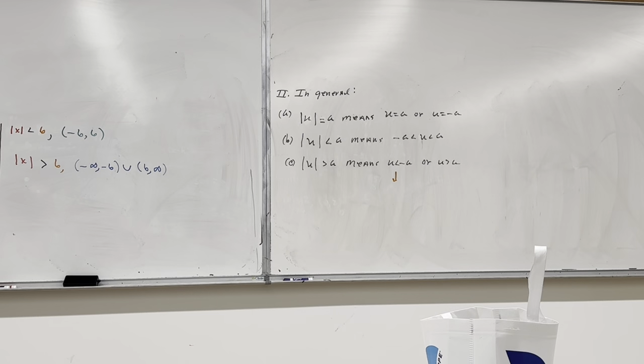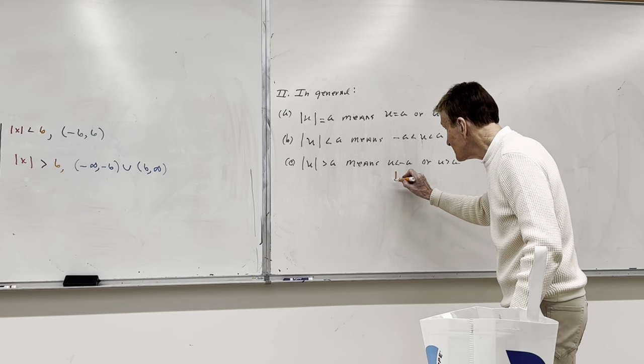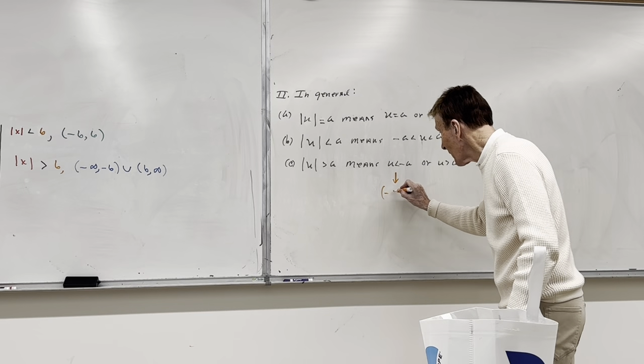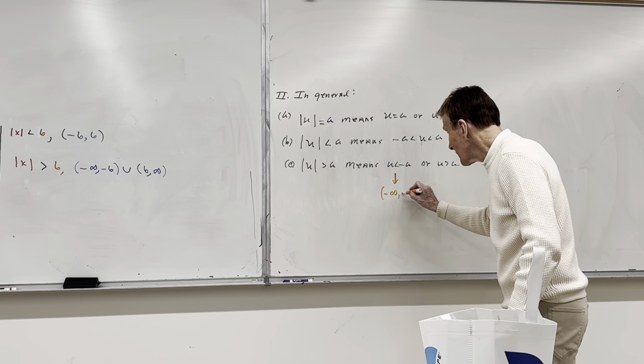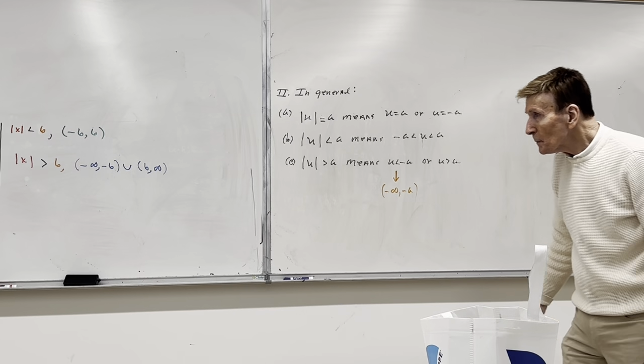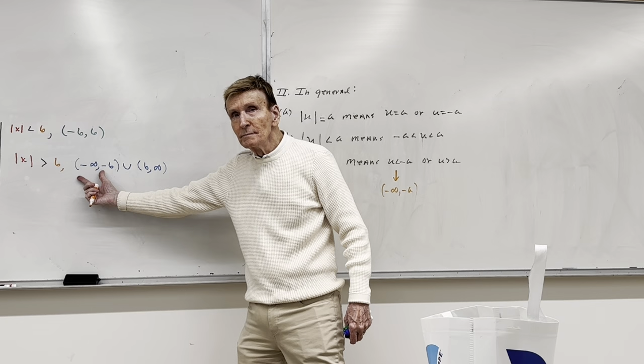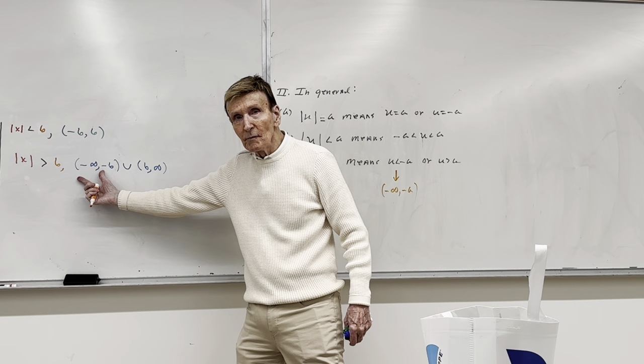Think about a number line. You have a negative number, and you're seeing everything to the left of it. How would you write that in interval notation? Negative infinity, up to negative A, open. Is that what we sort of did back here?